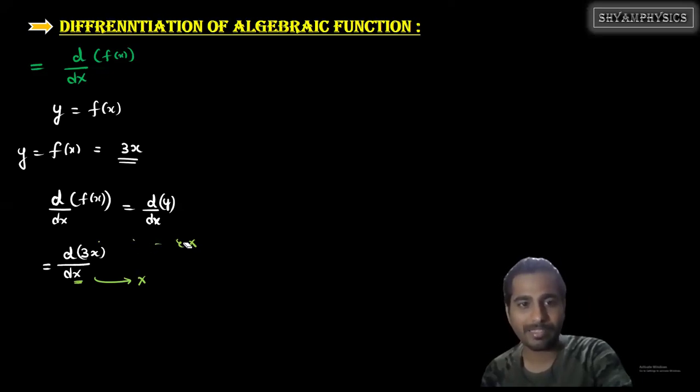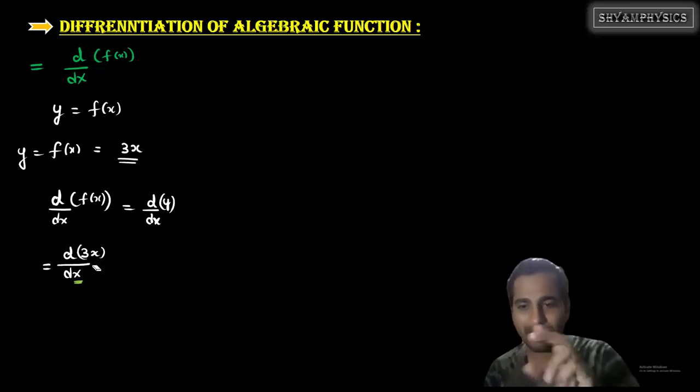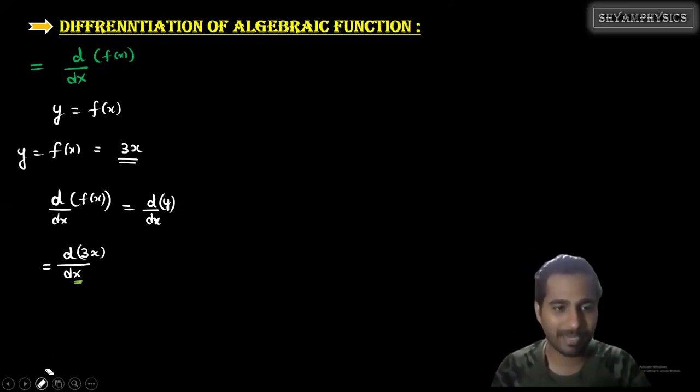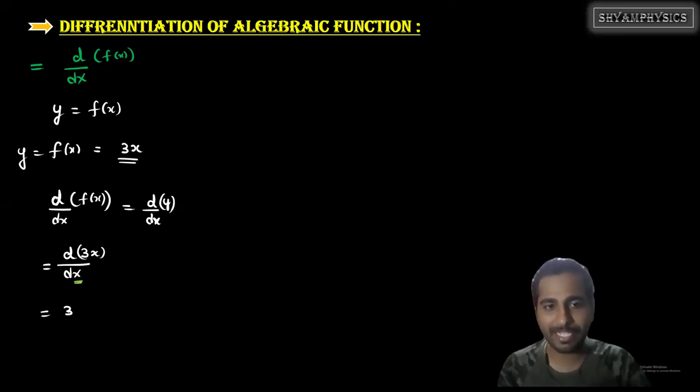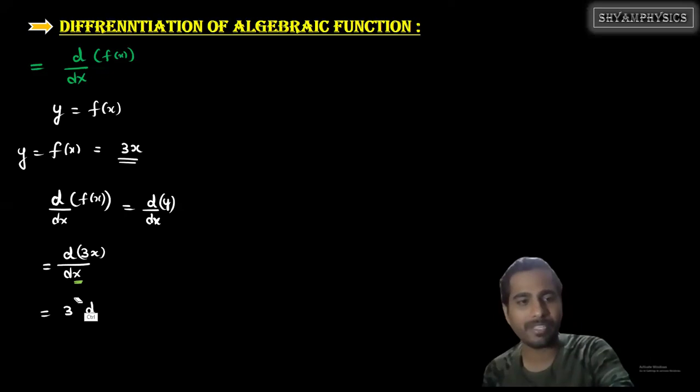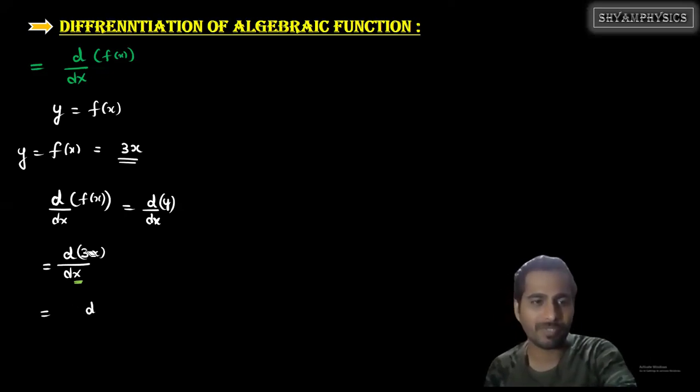Look, here 3 and x are combined in a multiplicative manner. So I will take 3 outside. It's a constant value, a constant along with the variable. No need to get confused with that 3. Going forward, I will consider only x.